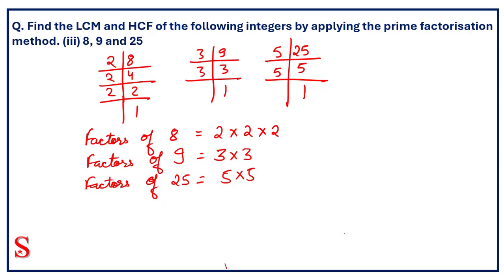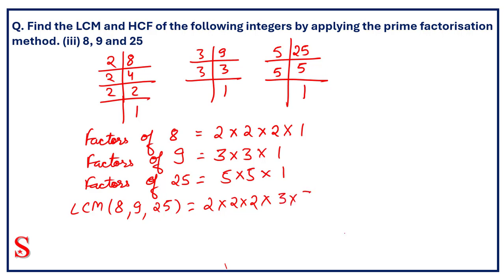No, there is no common factor beside one number, which is digit 1. Right? So let's check out the LCM. LCM of 8, 9, 25 is, we need to multiply all the factors. So the multiplication of all these factors would be 1800, and now HCF is 1.